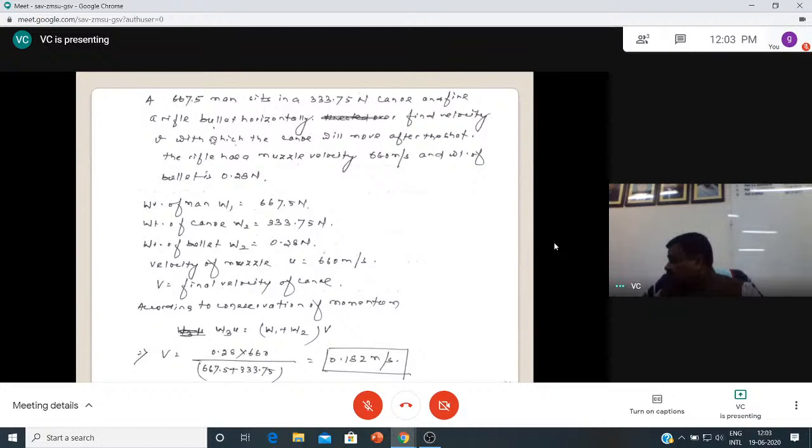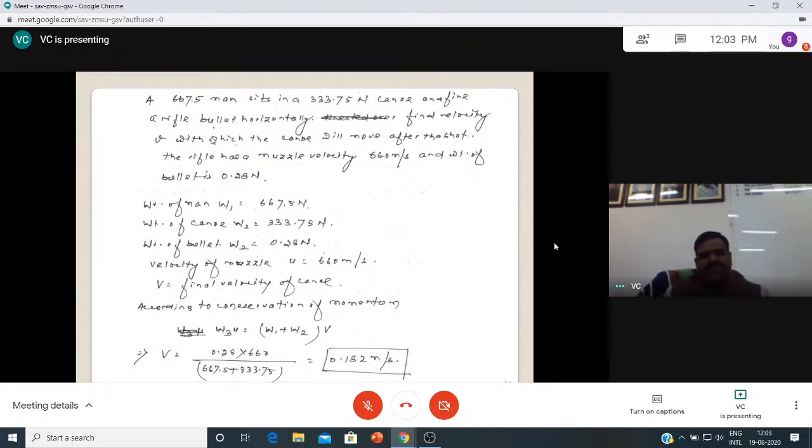Find the velocity V with which the canoe will move after the shot. The rifle has a muzzle velocity of 660 meters per second, and the weight of the bullet is 0.28 newtons.